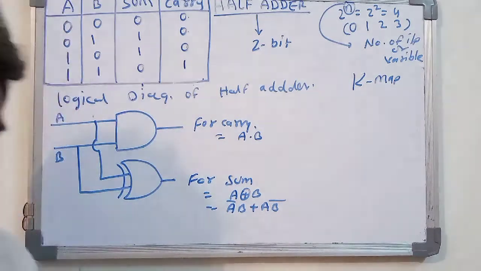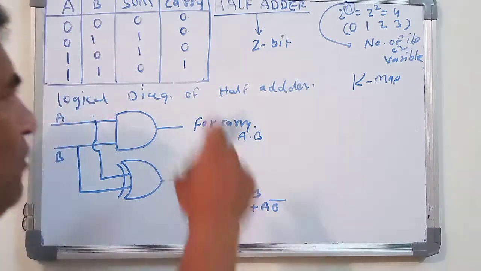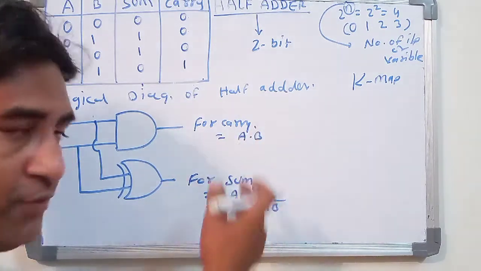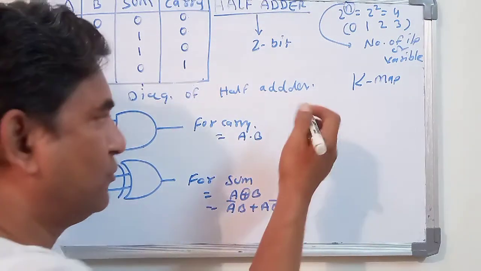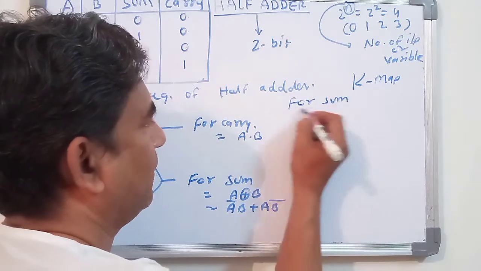For proving the value, we have designed the sum and the carry, but we also have to prove the sum. So you write down for sum proof.